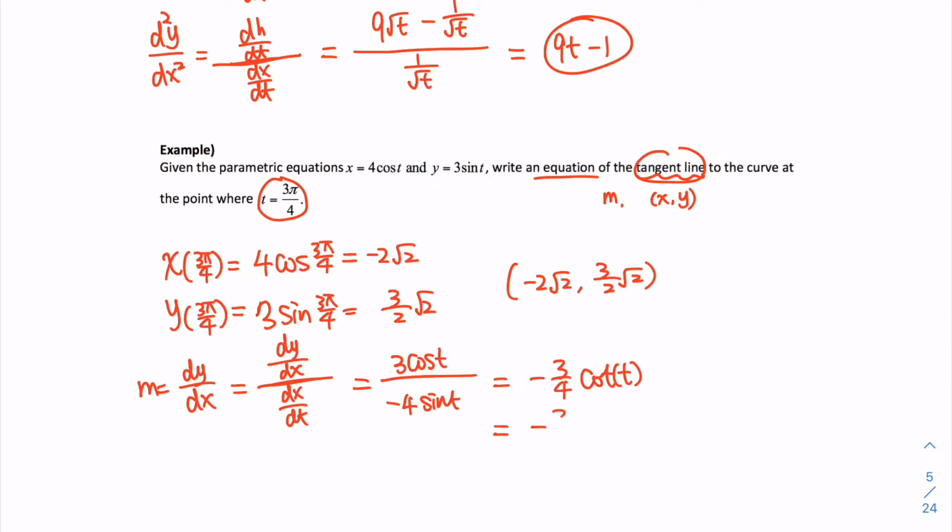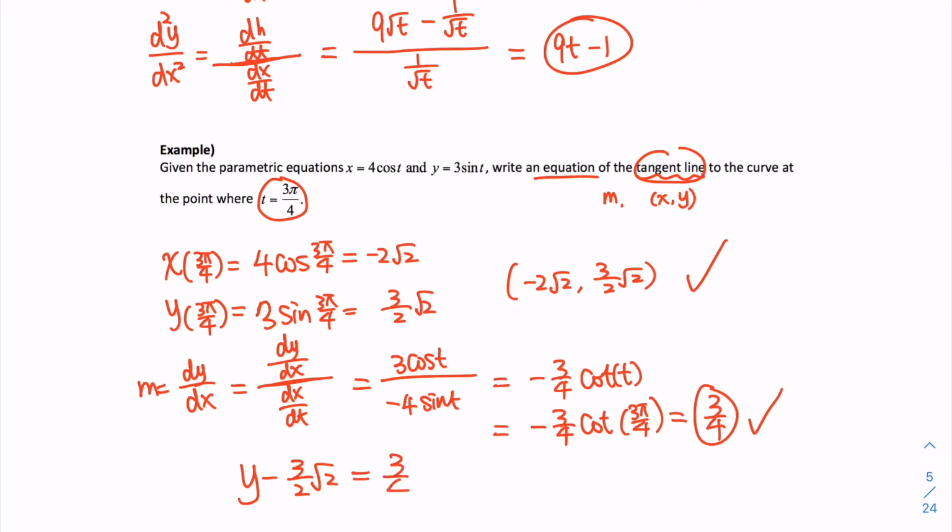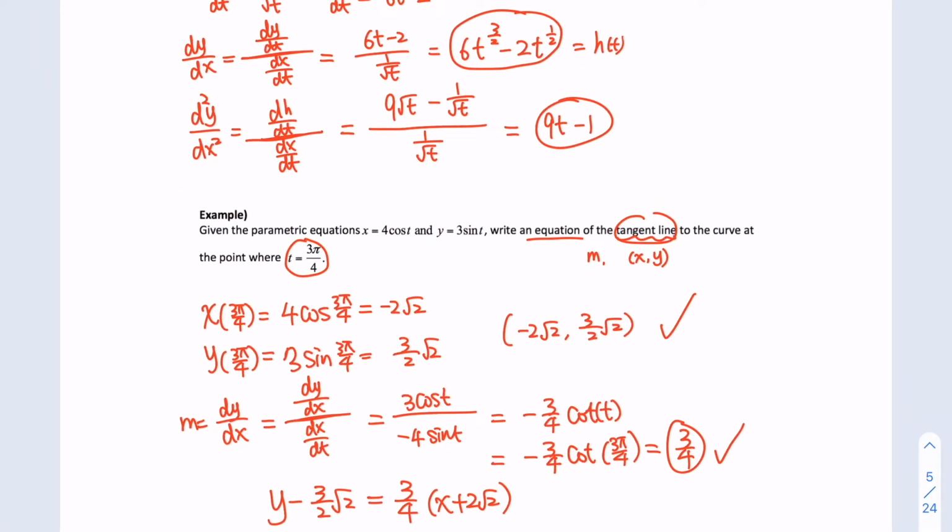And we plug in t equals 3 pi over 4. Cotangent in the second quadrant is negative, so our slope is 3 over 4. So we have a slope, we have the point, the equation of the line: y minus the y-coordinate equals slope times x plus 2 radical 2. Okay, this is the first derivative and the equation of the tangent line.